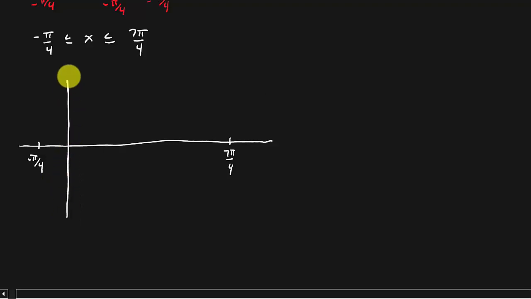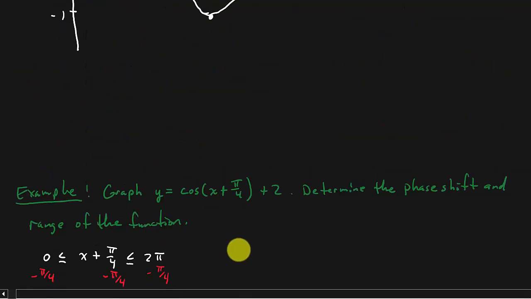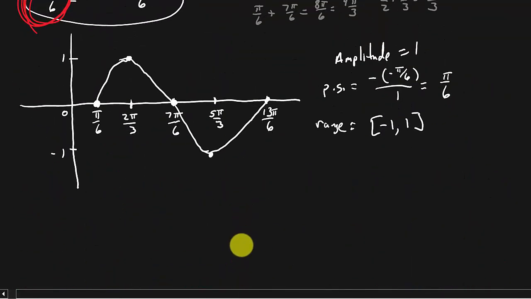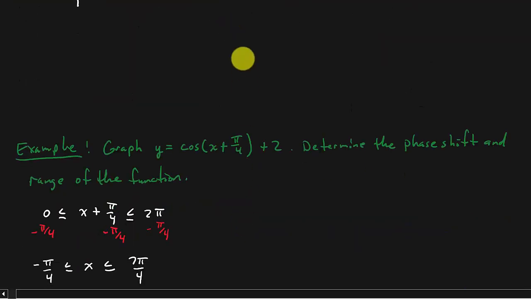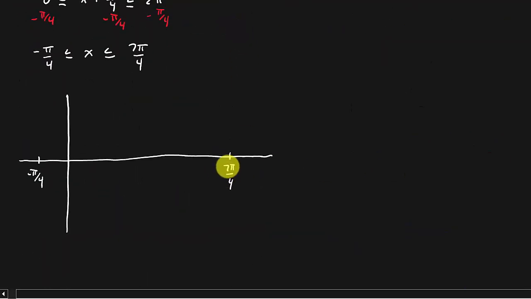And why not? Well, let's look at this. Notice on the previous problem, the entire interval I'm graphing it over is on the right-hand side of the y-axis. In this problem, some of the interval is on the left-hand side of the y-axis, and some is on the right-hand side.